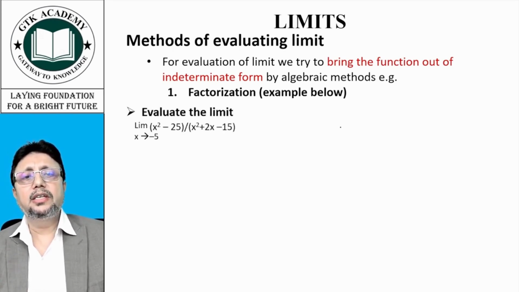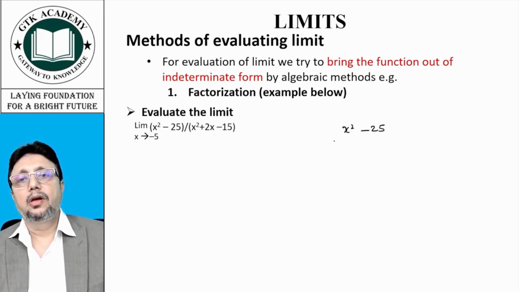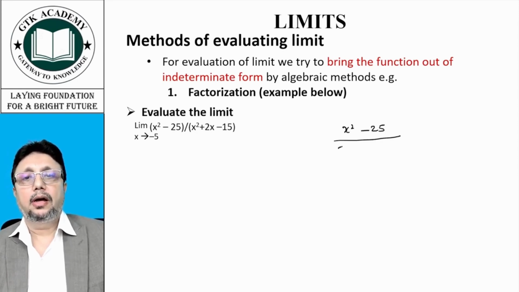Now you can easily see that (x square minus 25) upon (x square plus 2x minus 15), limit x tending to minus 5, right?